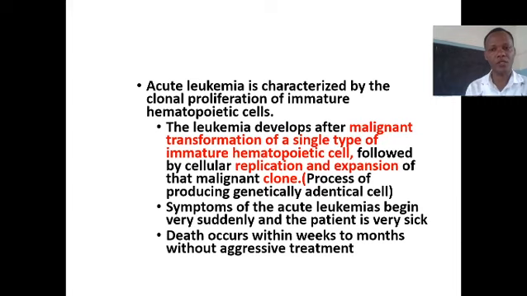This is the process of producing genetically identical cells, the same cells. Symptoms of acute leukemia begin very suddenly. It is abrupt in onset, and the patient is very sick. Usually death occurs within weeks to months without aggressive treatment.